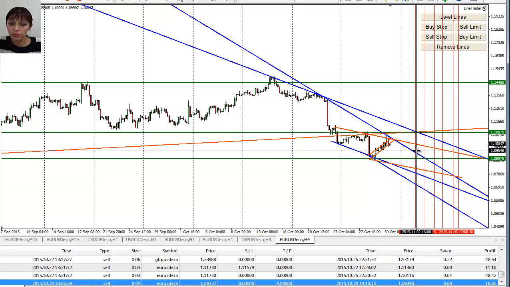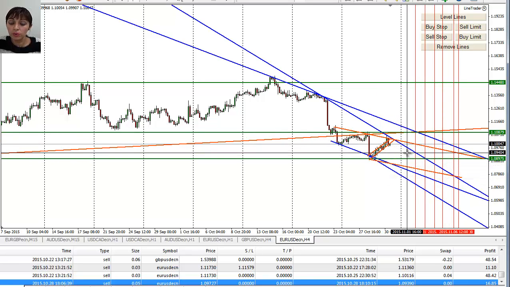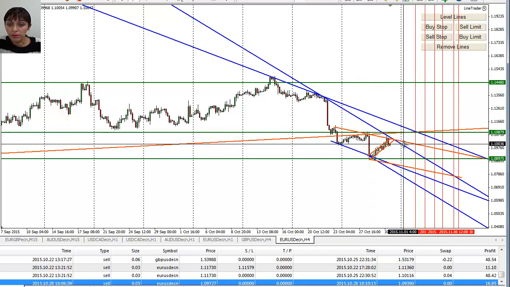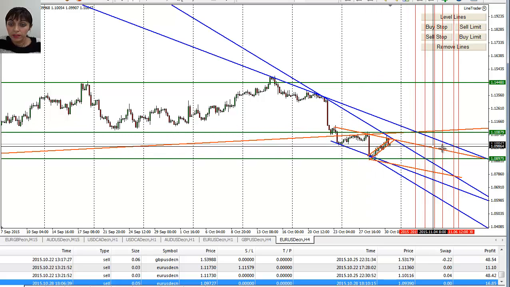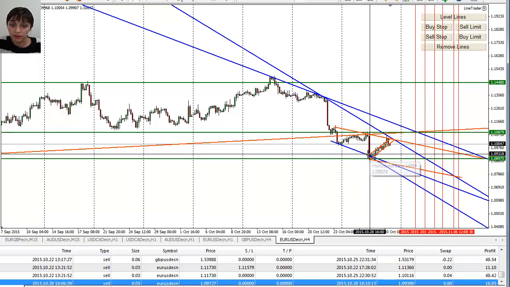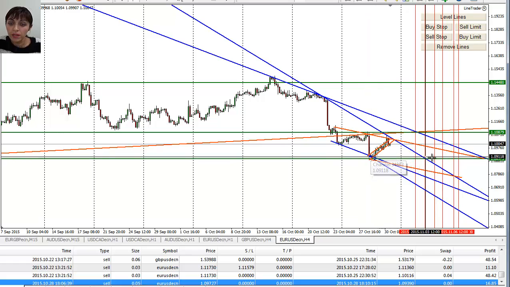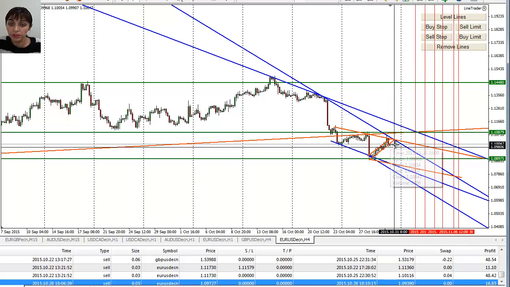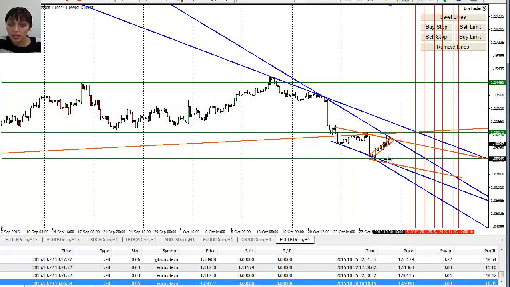So what obviously comes to mind, if the market is going to wait for the Friday news, is that level which is created from these three tops, it's crossing the bottom of this price, well, this bottom, right? So it looks like it could be possible that the market will just stay inside something which looks like a triangle to me.